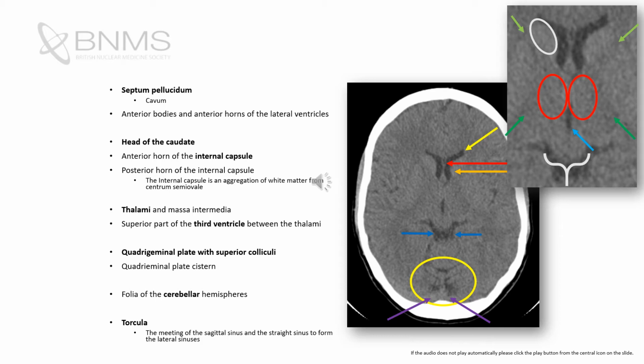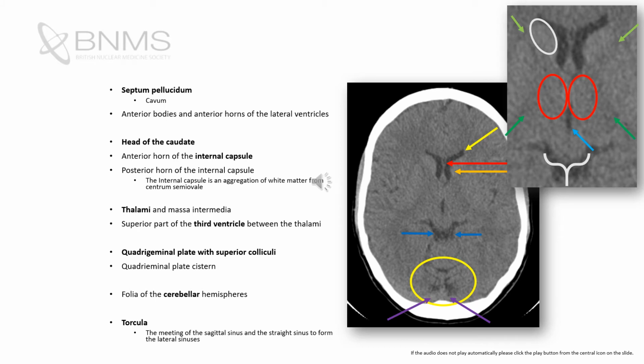Within the yellow oval, we can start to see some of the folia of the cerebellar hemispheres, which are analogous to the folded gyral surface of the cerebrum. The two purple arrows indicate the position of the torcula.